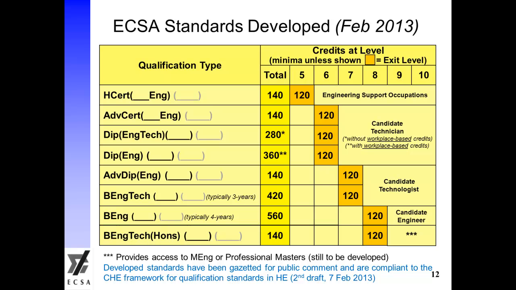Universities of Technology also have the opportunity, if their staff profiles, infrastructure, and exit level outcomes meet the minimum requirements, to seek accreditation for a cluster of linked qualifications, such as the BEngTech, BEngTech Honours, and MEng, as meeting the educational requirements for registration as a candidate engineer.